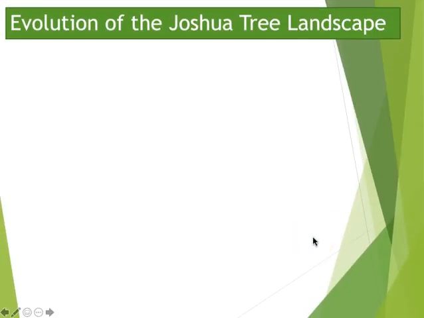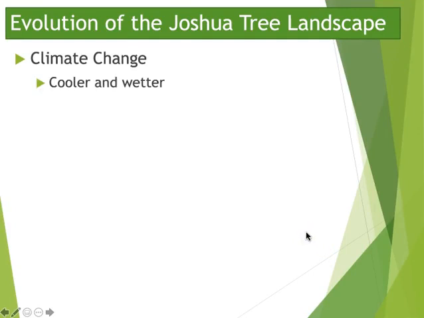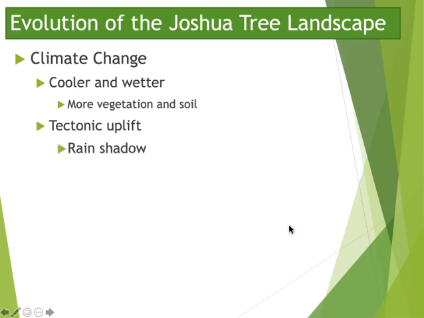The landscape of Joshua Tree has also been influenced by climate change. It was cooler and wetter during the past 5 million years or so, which means there was more vegetation and a thicker soil horizon. Tectonic uplift of the local mountain ranges has put Joshua Tree in their rain shadow, causing warming and drying of the region.